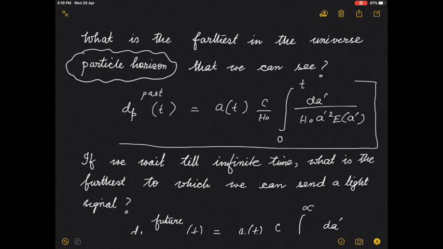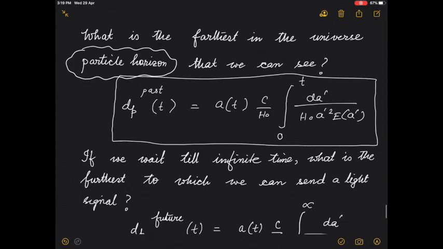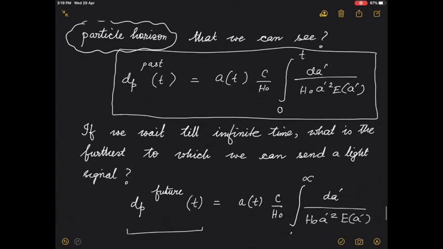The answer is there in this integral, which gives you what we call the particle horizon. If the integral converges, then the particle horizon is finite, and we can only see up to a finite farthest distance in the universe. Otherwise, it can be infinite, and we can see up to infinite distance.